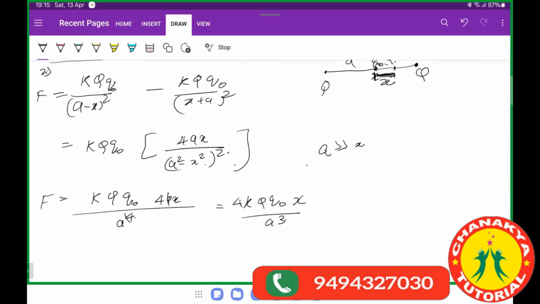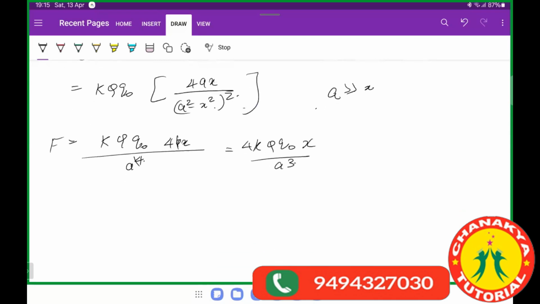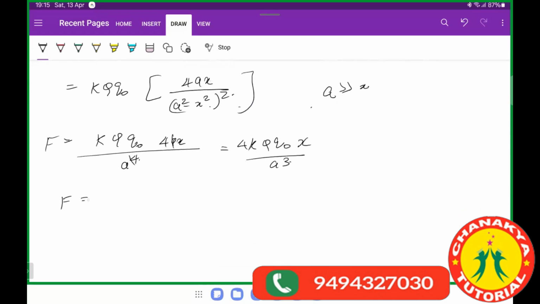Okay, this is not yet over because this is not in our option. We need here 1 by 4 pi epsilon naught. Then we need to introduce mass also. So simple harmonic motion. To be in simple harmonic motion, we need F equals m omega square x.